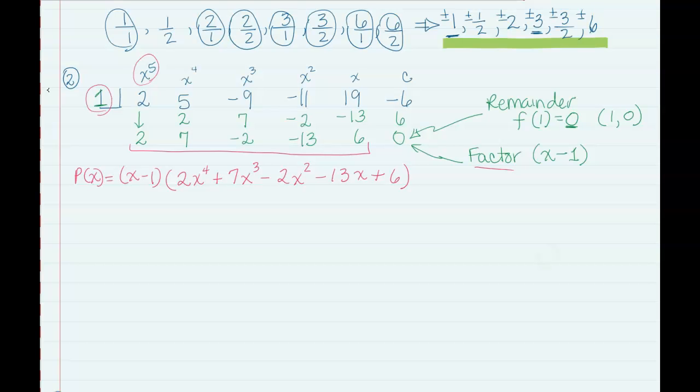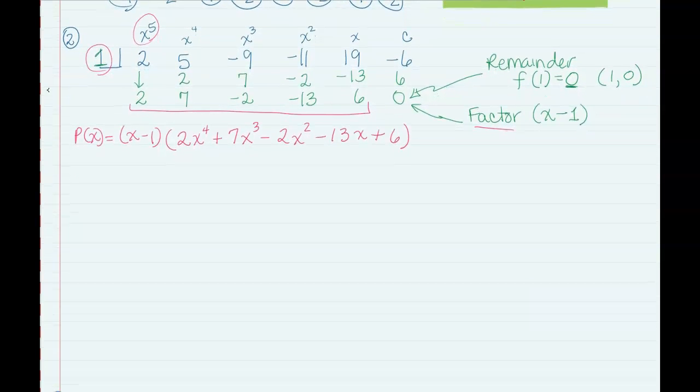Now we need to keep doing more guesses, except this time we're going to factor this polynomial. So here we go. Our job is to factor 2x to the 4th plus 7x cubed minus 2x squared minus 13x, and then 6, because 6 is now my new constant.